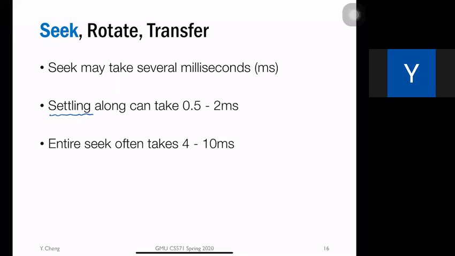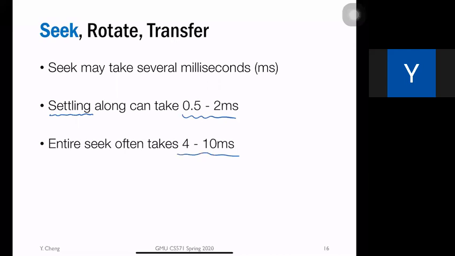It has two different parts, right? Before it starts to move and before it stops moving. So this part in total takes around half a millisecond to 2 milliseconds, which is kind of long. And the entire seek, including the settling process, typically takes 4 to 10 milliseconds.